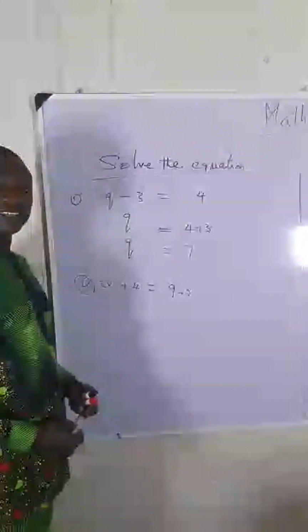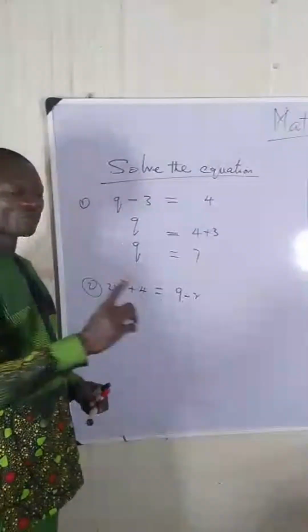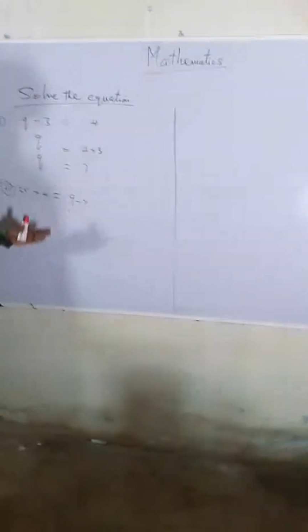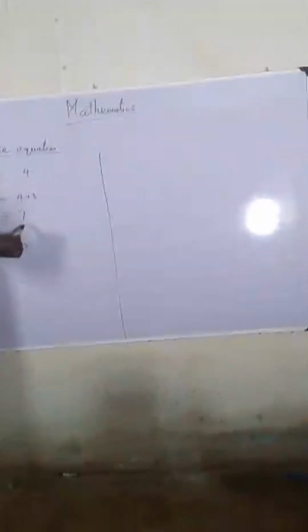That is why if any number or a letter moves to the other side from the side it was staying before, then it becomes a different sign. We have minus 3 here, then minus 3 moving to the right hand side will become plus 3. That's why we have 4 plus 3, which gives us 7. I hope you understand.